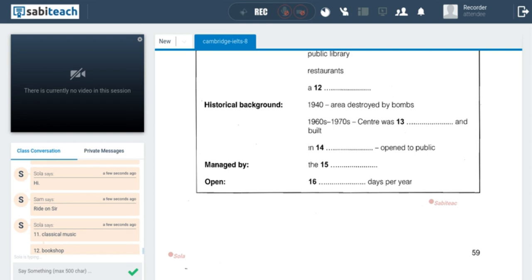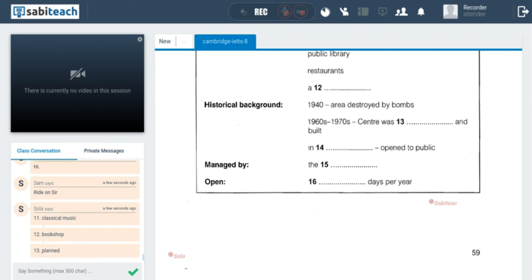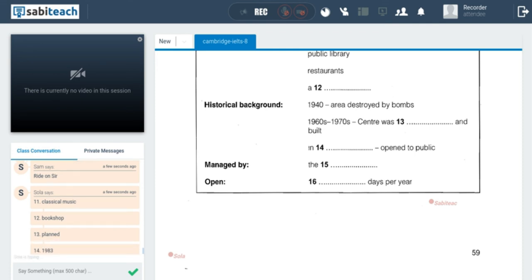So the opportunity was taken to create a cultural centre that would be what they called the city's gift to the nation. Of course, it took a while for such a big project to get started, but it was planned in the 60s, built in the 70s, and eventually opened to the public in 1983. Ever since then, it has proved to be a great success. It's not privately owned, like many arts centres, but is still in public hands. It's run by the City Council. Both our National Symphony Orchestra and National Theatre Company were involved in the planning of the project, and they're now based there, giving regular performances every week. And as the centre is open 363 days of the year, there are plenty of performances to choose from.